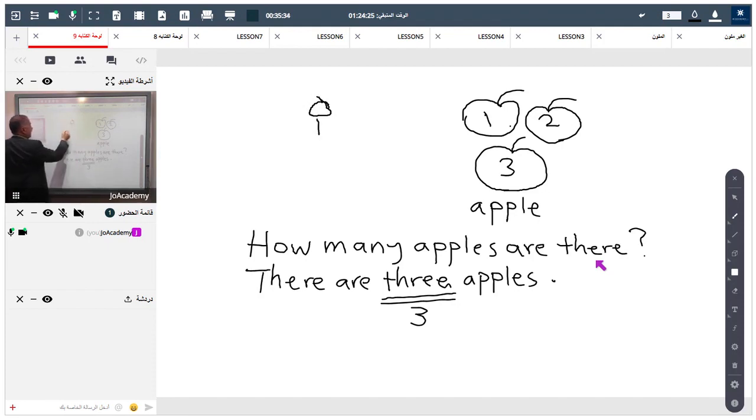This is a fig. Fig means in Arabic. How many figs are there?